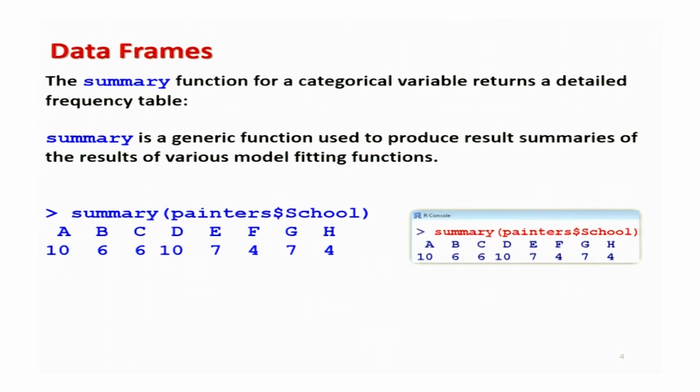One operation which we learned in the last lecture was how to extract a particular variable from a particular data frame. For that we had learned that you would use the name of the data frame, then the dollar sign, and then the variable name.